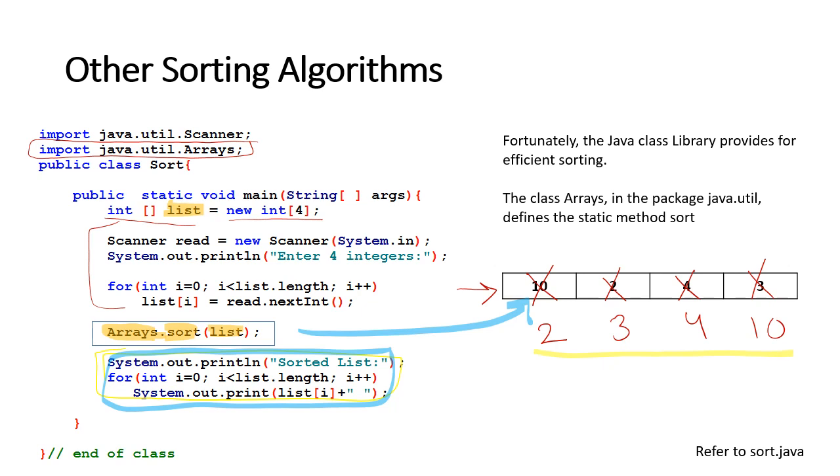So we can use the selection sort code we did in the previous slide, or we can use the Arrays utility library by just saying Arrays.sort with the name of the array between brackets, and it will do the sorting for us.